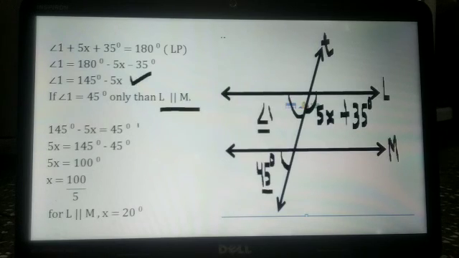And now 5x is equal to 145 degrees minus 45 degrees, and here 5x is equal to 100 degrees and x is equal to 100 divided by 5, so it is 20 degrees. So for L parallel to M, the required value of x is 20 degrees.